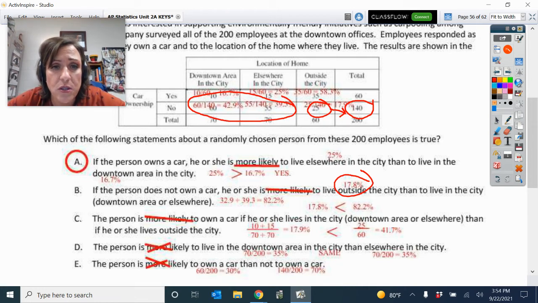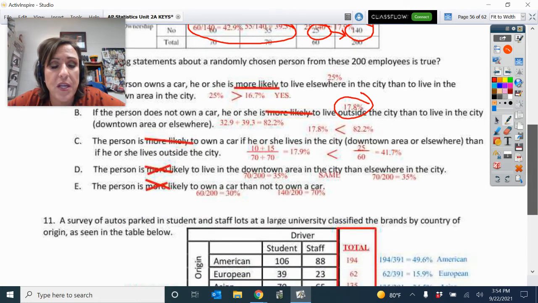So if I totaled those two sections, I guess it was supposed to be 42.9, and if I totaled those together, then that's much more than the 17.8. So that's an incorrect statement because the 17.8 is less than.